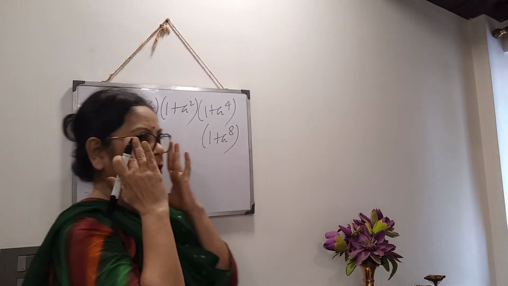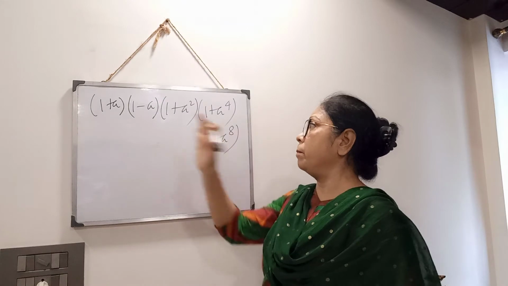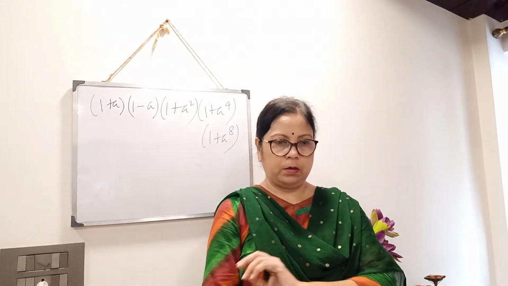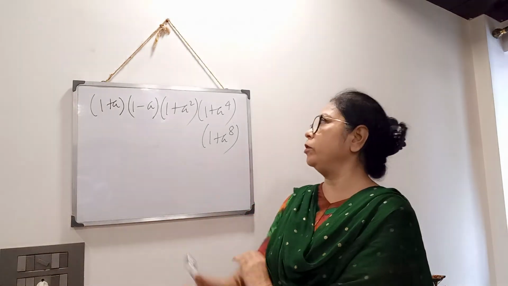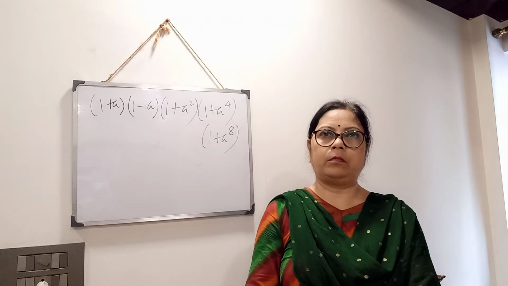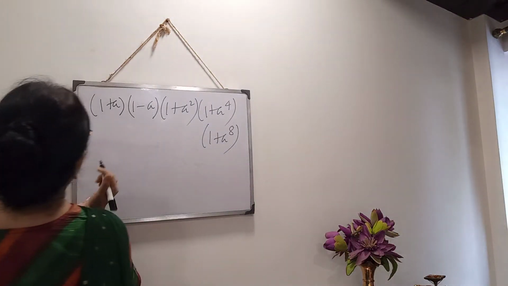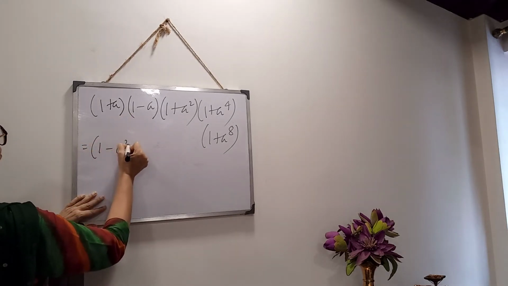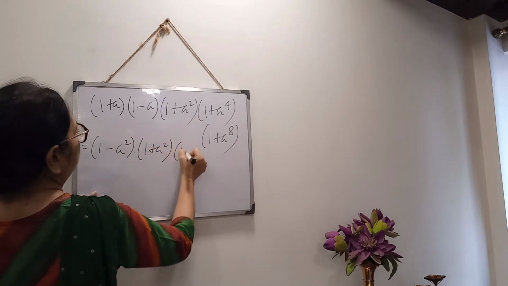Now find the continued product. Don't try to multiply only. Then to do this sum only 2 hours will go. So for a 50 marks paper you will solve only 1. Clear? So you have to apply the formula. We know the formula: a plus b into a minus b equals a square minus b square. Clear? Then rest of the terms copy.